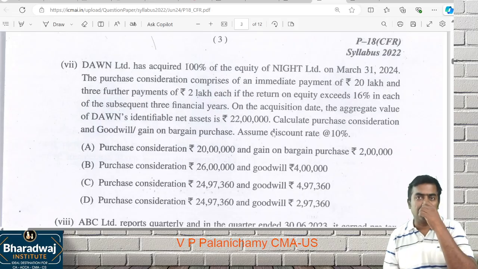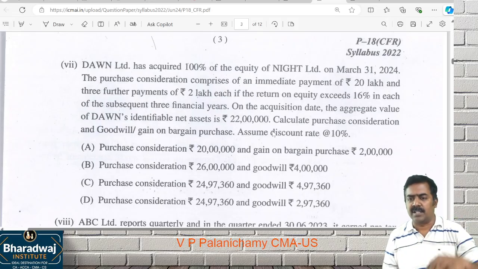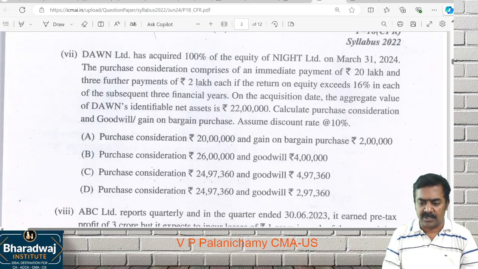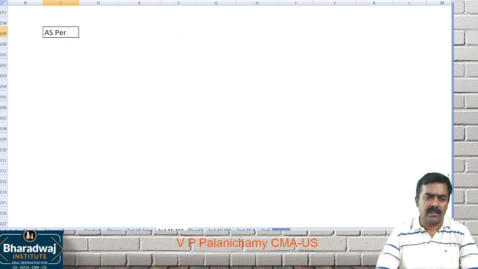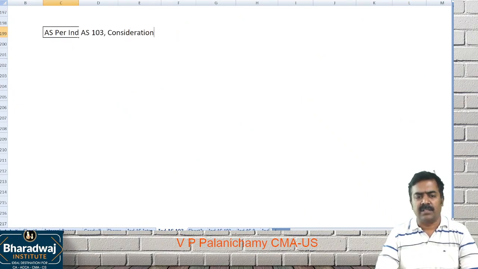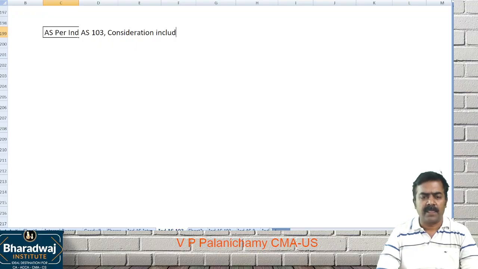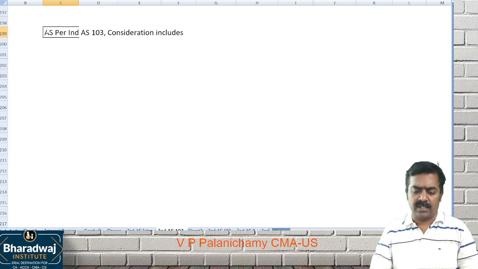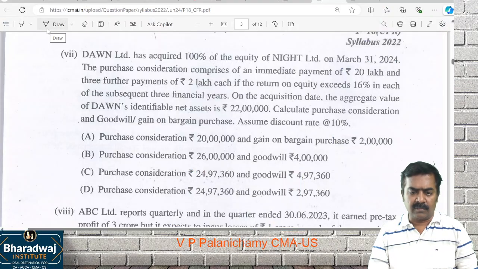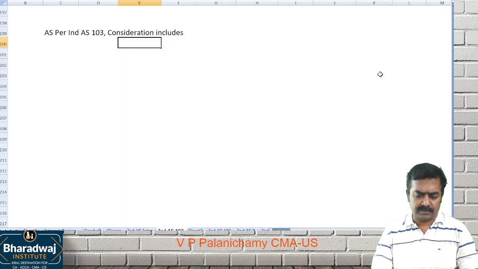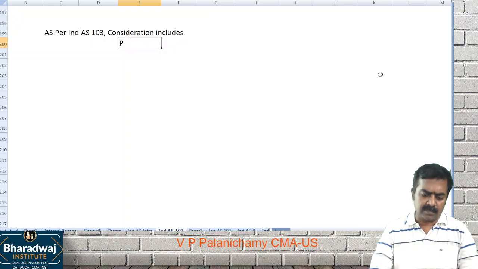Purchase consideration includes which one? Current consideration and which one? Deferred consideration. As per which one? Ind AS 103. Consideration includes what? Current consideration. What is the fair value of shares given? Immediate payment? P naught.